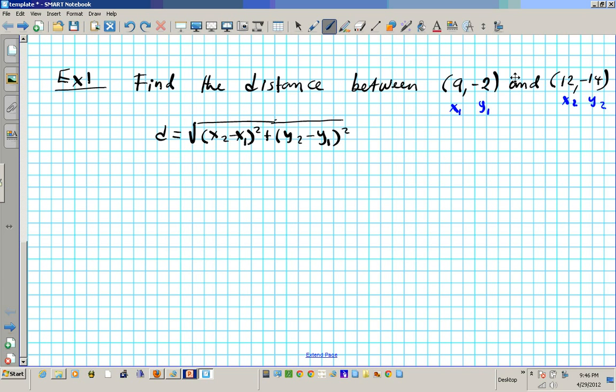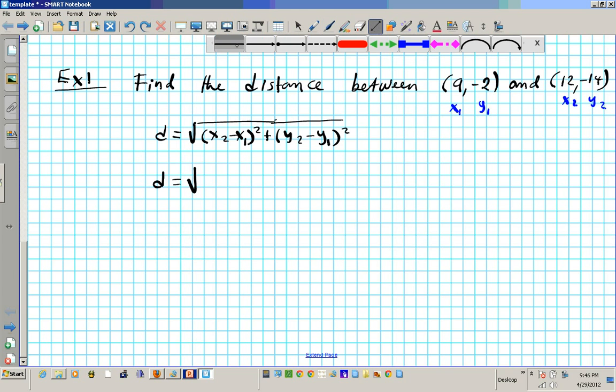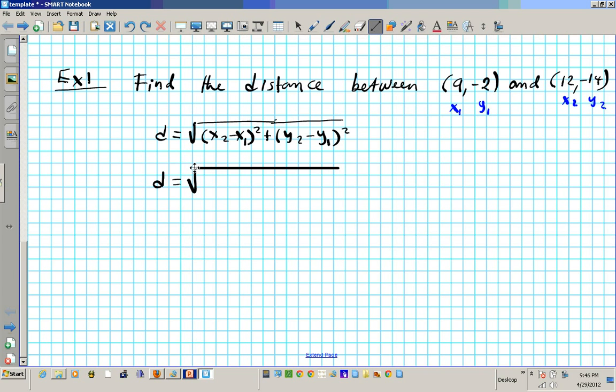Alright, so I'm going to substitute the corresponding coordinates into this equation, and then go ahead and compute my distance. Okay, so my distance is the square root of x2 minus x1, 12 minus 9 squared, plus y2 minus y1, which is negative 14 minus negative 2 squared. Okay?